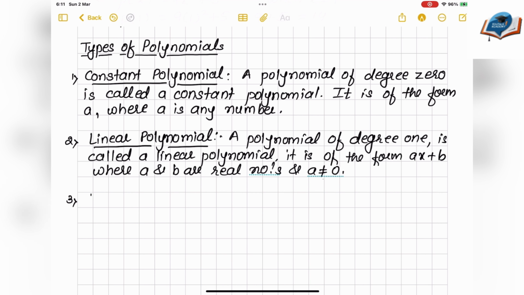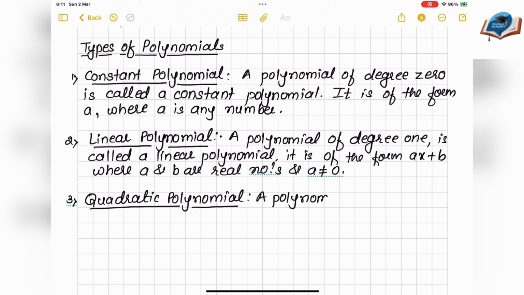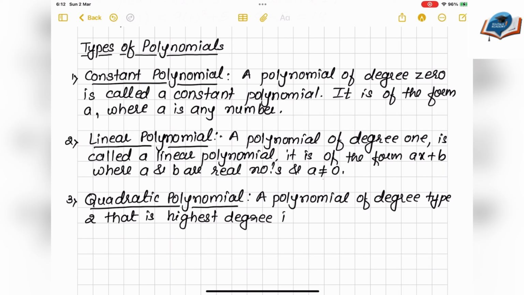Then the third type comes, quadratic polynomial. A polynomial of degree 2, that is highest degree is 2, is called a quadratic polynomial.